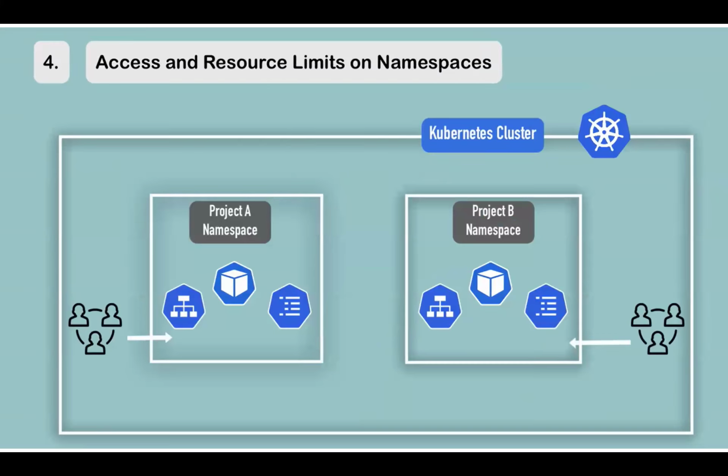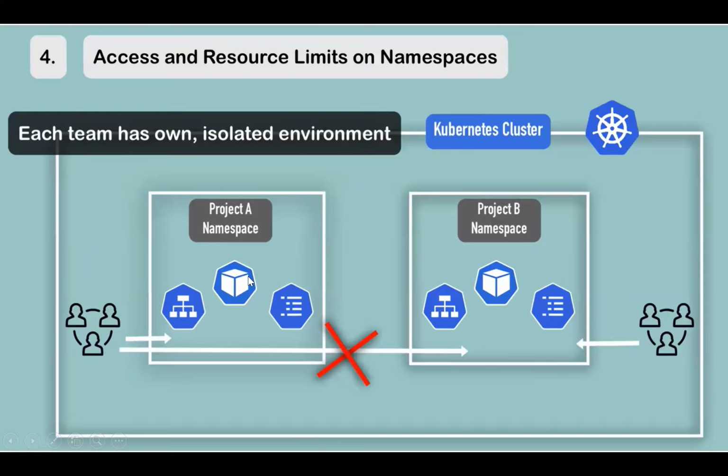The fourth one is access to resources. Suppose there's a project one namespace and a project two namespace. If project one wants to access some data from project two, and I don't want to give them access, I can deny it by creating another namespace. If all the components are in a single namespace, anyone can access the other component, unless they are in different namespaces, then you cannot access.